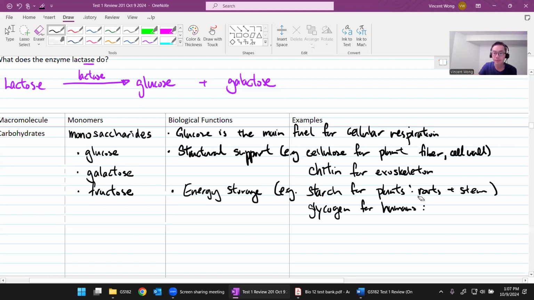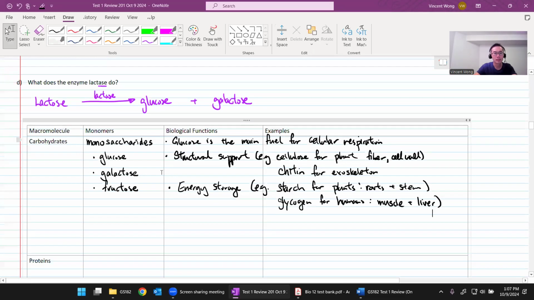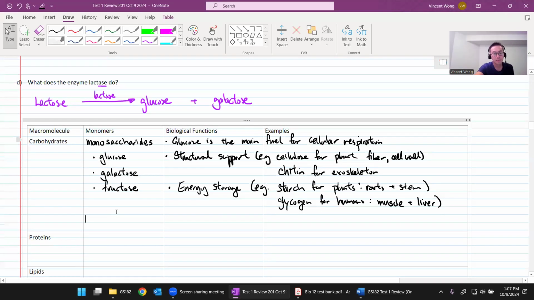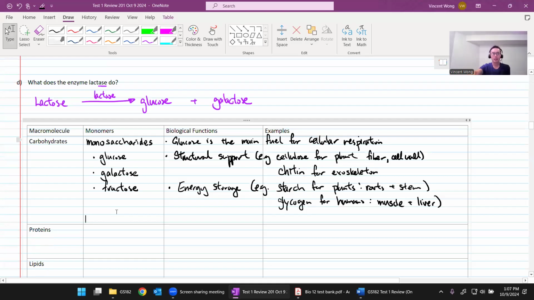Muscles, yeah. And where else? Liver. Yes, that's it. Okay, so that's that. Again, memorize as much as possible, but don't be afraid to have a quick reference sheet next to you when you're doing the test.